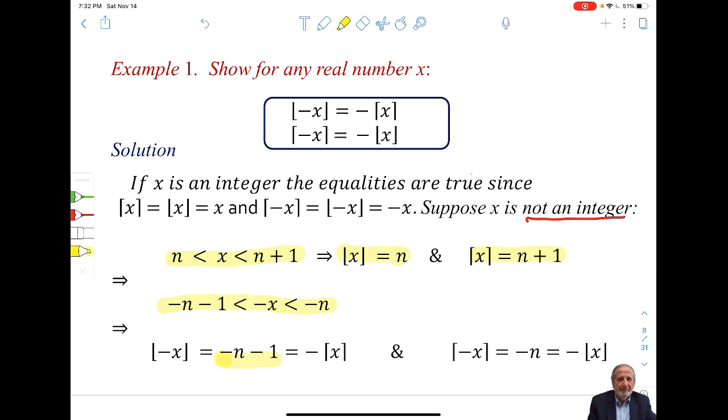It is minus n minus 1, which is minus the ceiling function of x. And now the ceiling function of minus x is minus n, and minus n is minus the floor function of x.